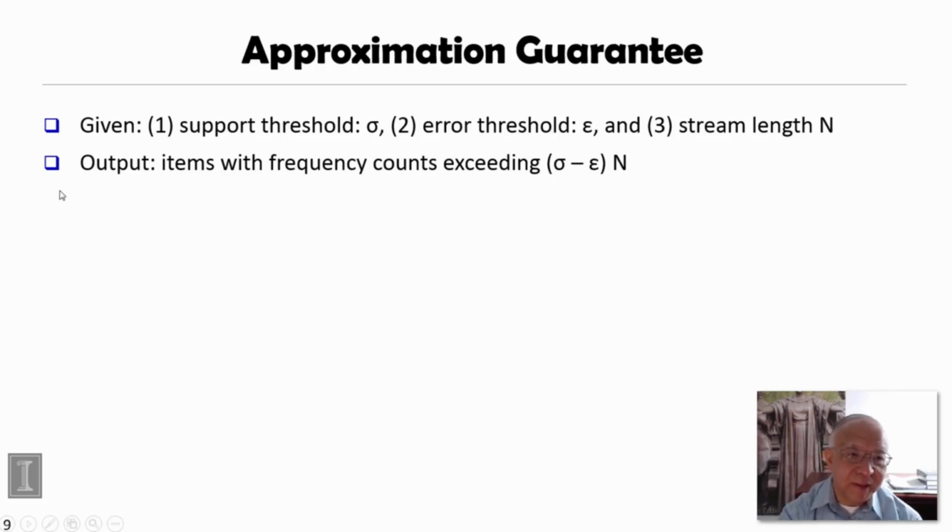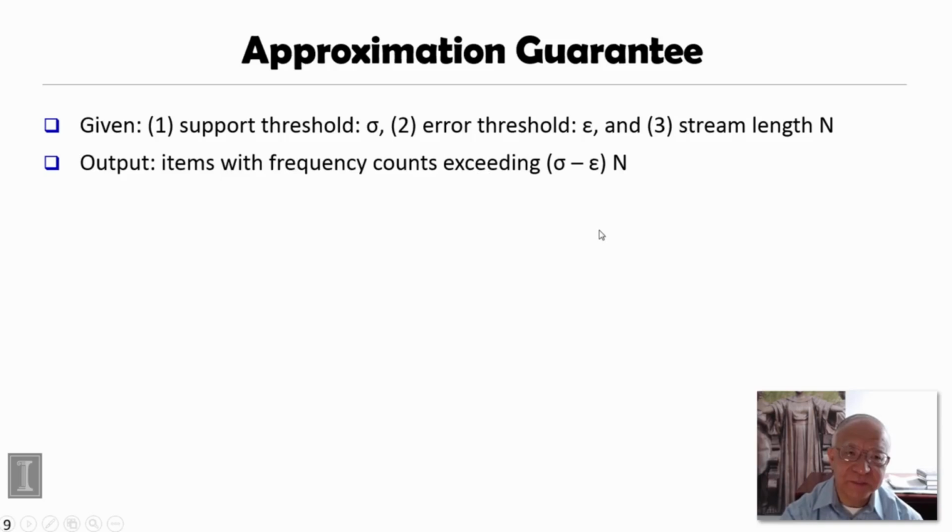Then the output are those items with frequency count exceeding sigma minus epsilon times n. Simply says, if for any item you finally found its counter with this number or bigger, you will output it as a frequent item.